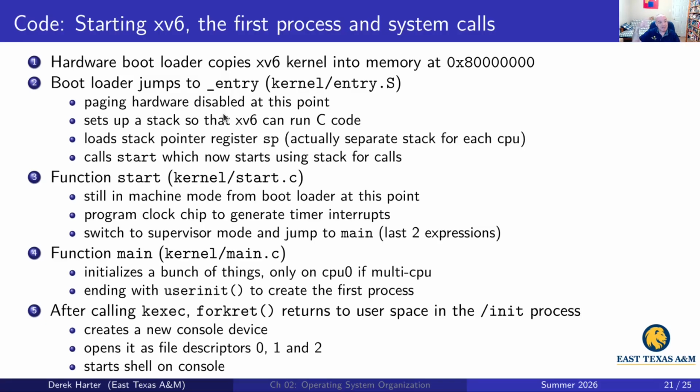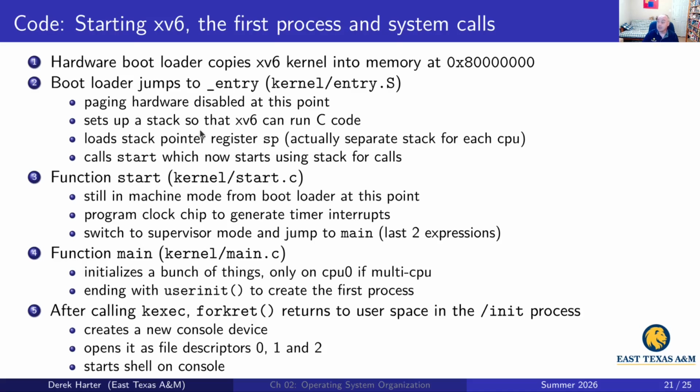Remember, RISC-V implements 3 modes: supervisor mode, user mode, and this machine mode. Machine mode is the initial mode at boot. The paging hardware, so virtual memory, is completely turned off, so all address references are treated as actual physical addresses.